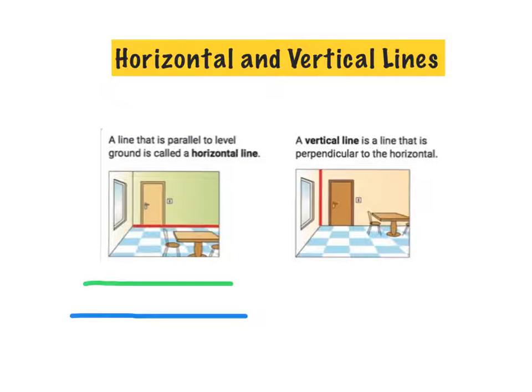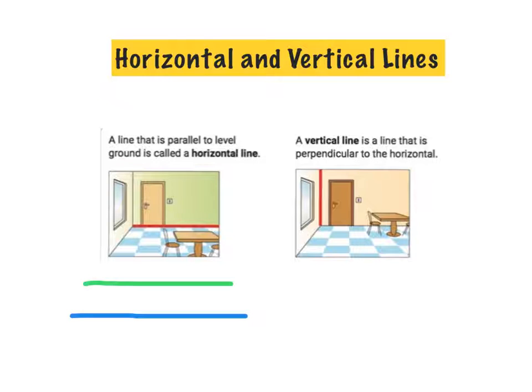And then it says a vertical line is a line that is perpendicular to the horizontal. So if we use the information that we found out there, we know that perpendicular lines are ones that make a right angle or 90 degrees with each other. As you can see here, this red line is making a right angle with the floor. So this red line here is a vertical line.